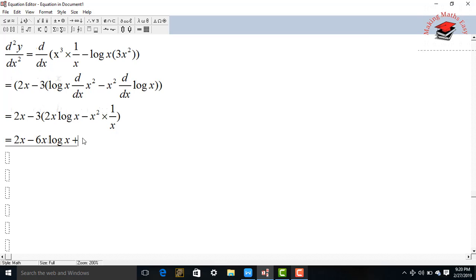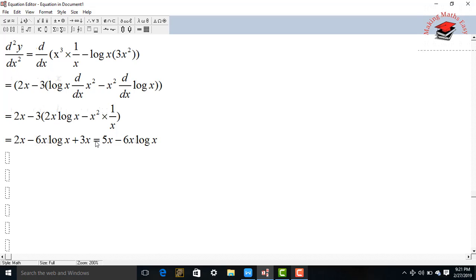So it will be again, I will write over here 3x, because x square divided by x gives me x and 3 multiplied by x gives me 3x. So it is clear. So now 2x plus 3x gives me equal to 5x. So my final answer will be equal to 5x minus 6x log of x.